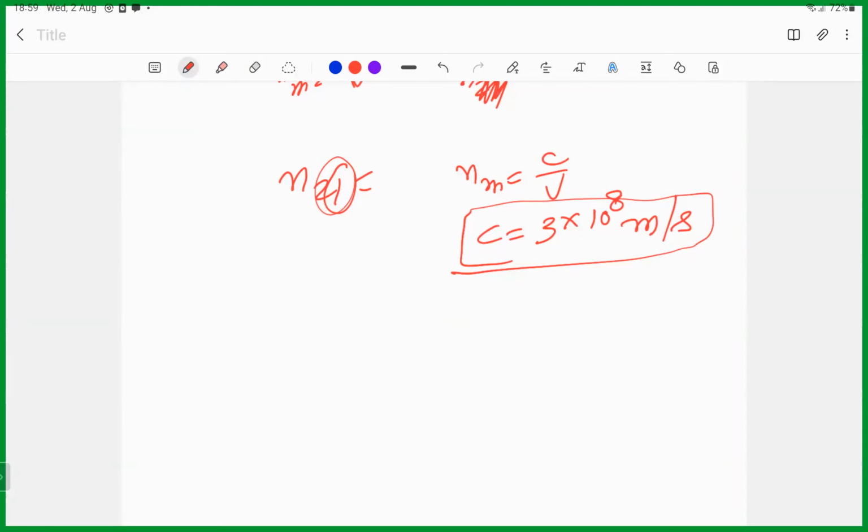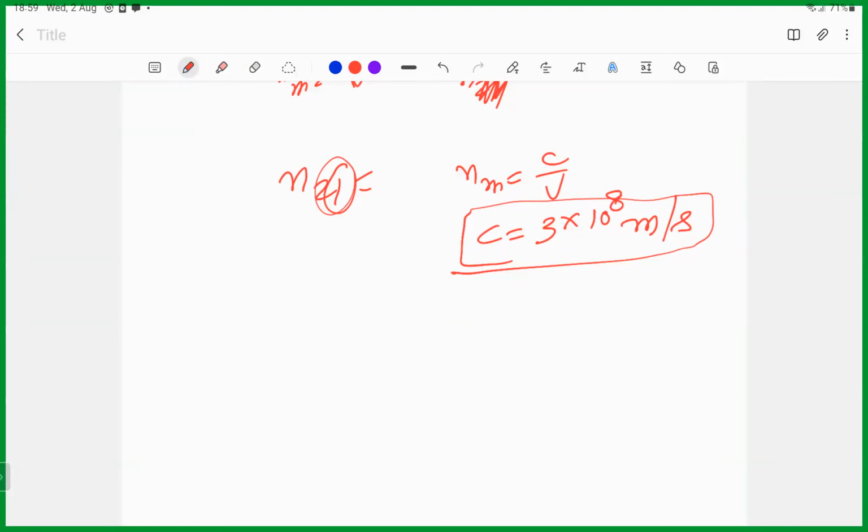So here, what is the refractive index of diamond? About 2.4. Diamond is much denser than glass or whatever media are reported here. The refractive index of diamond is much higher, so the speed of light in diamond will be much lower.